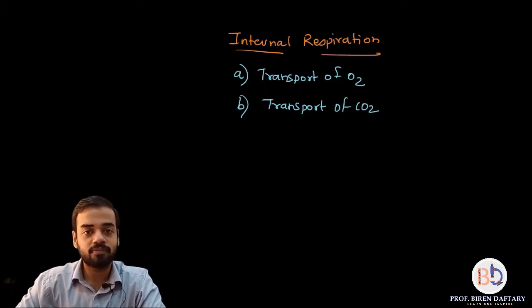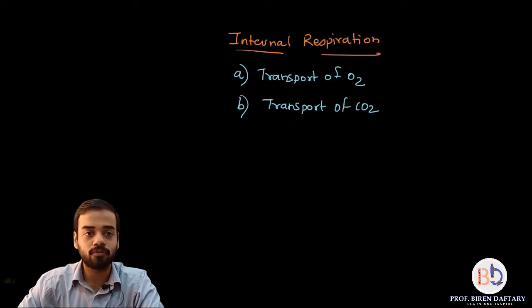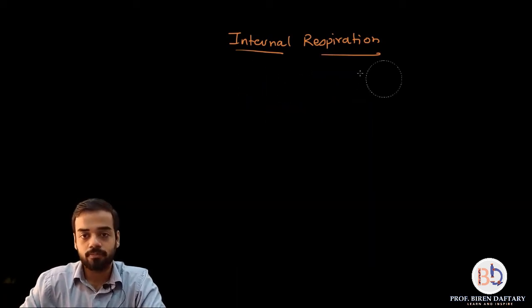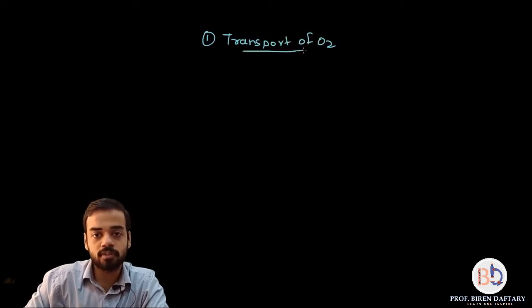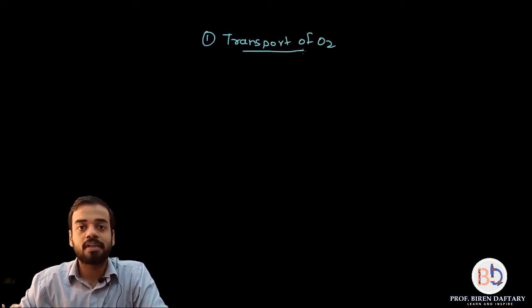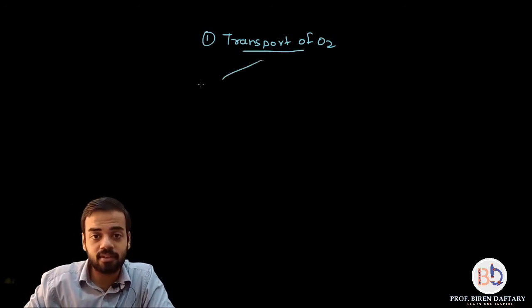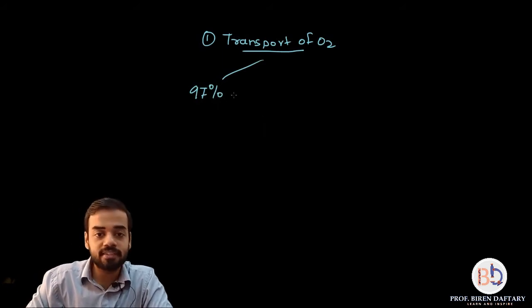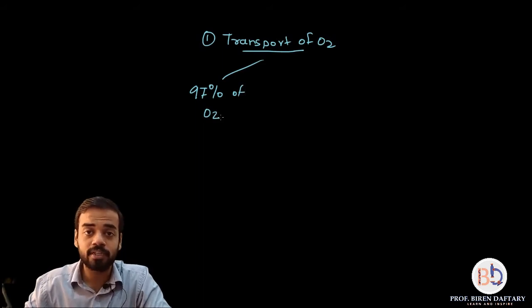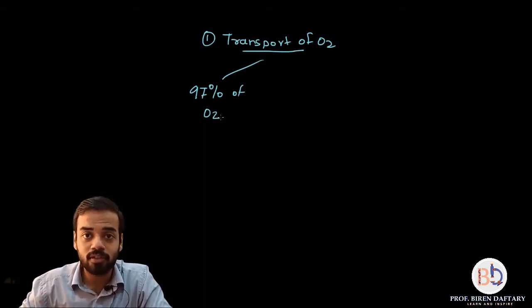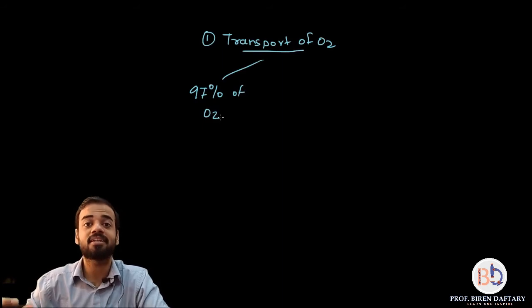So let us start with the first part, that is transport of oxygen. Out of the total amount of oxygen, 97% is transported by binding with hemoglobin. So 97% of oxygen present in the alveolar air diffuses through the alveolus, enters the pulmonary capillaries and attaches with hemoglobin.